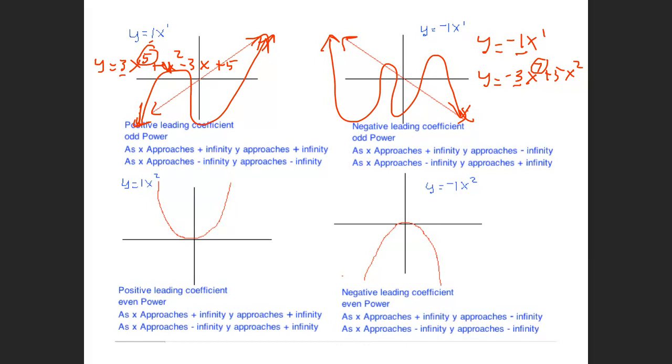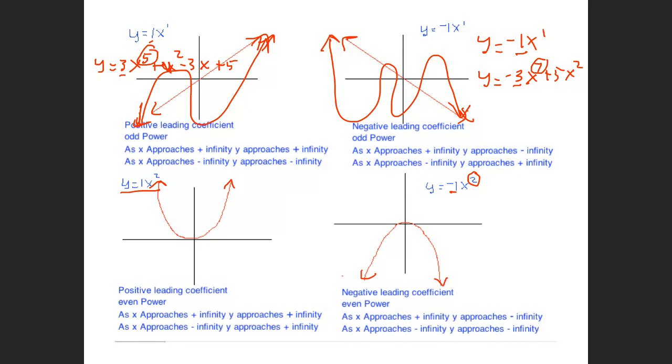If we had y equals 1x squared, the leading coefficient is positive and the degree is even. If that ever happens, we know that the end behavior will go up on both sides. If the leading coefficient is negative and the power is even, it's going to go down on both sides.